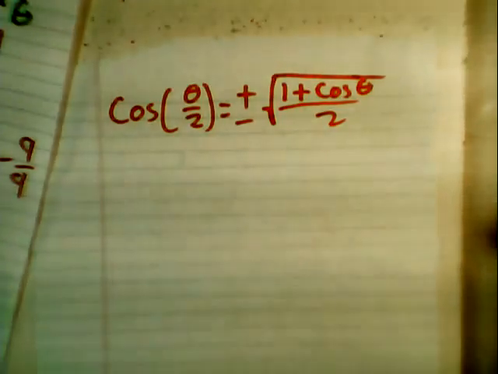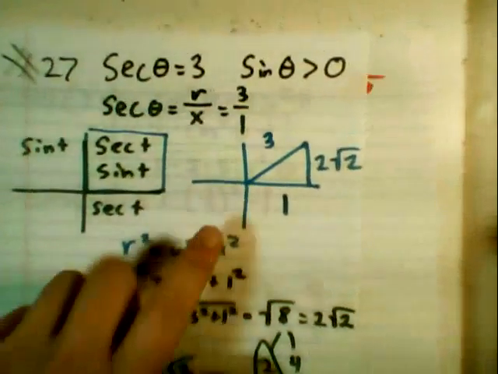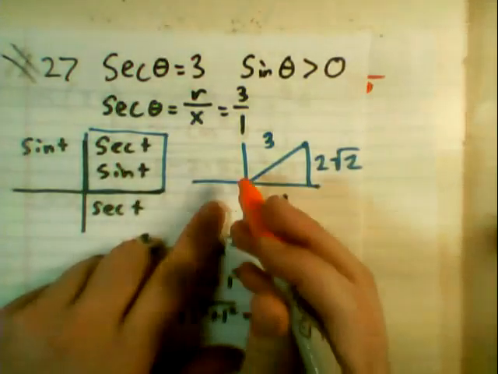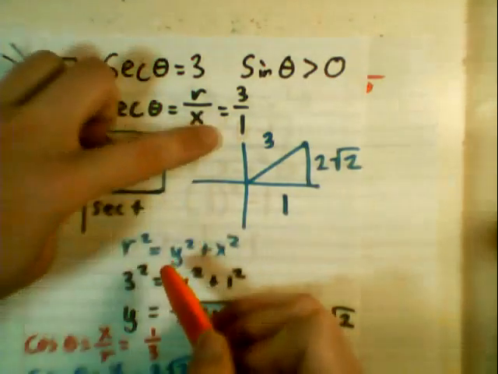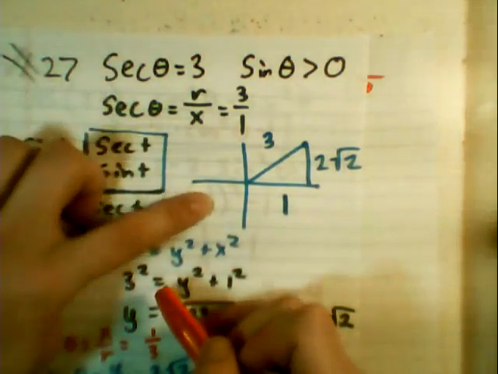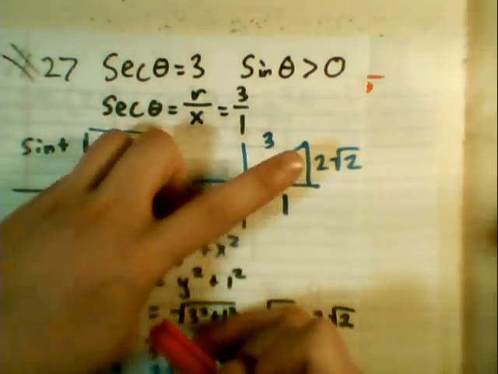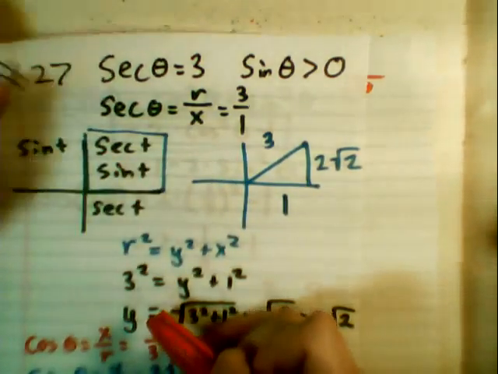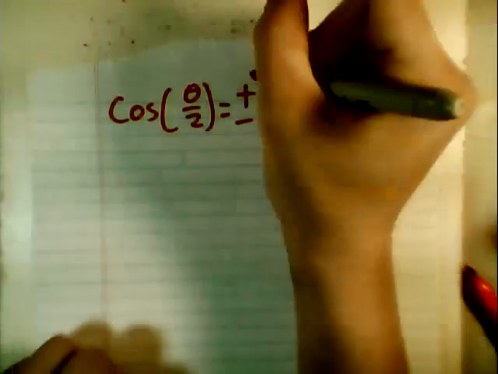So we again need to figure out whether we use the positive or the negative. So we look whether cosine is positive or negative. Cosine is negative over here in quadrants 2 and 3, and cosine is positive in quadrants 1 and 4. Since we're dealing with quadrant 1, it's going to be positive.